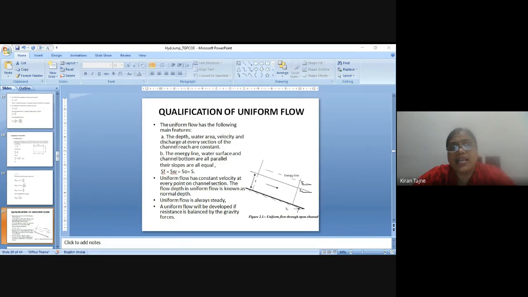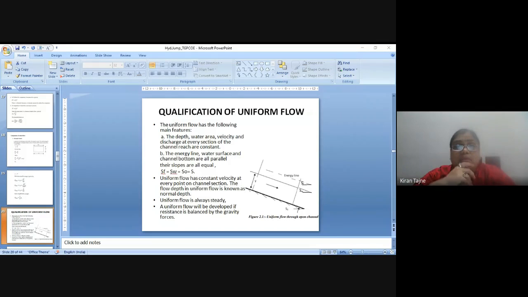Suppose the channel is shorter than the transitory length required by the given condition, then uniform flow cannot be attained. The length of the transitory zone depends on the discharge and the physical conditions of the channel, such as entrance condition, slope, shape and roughness.